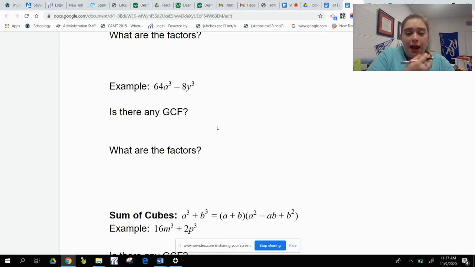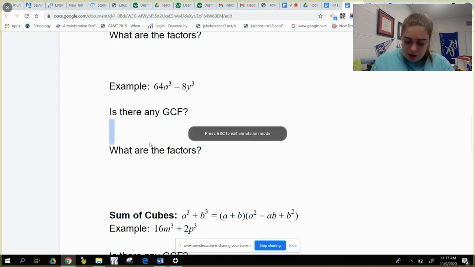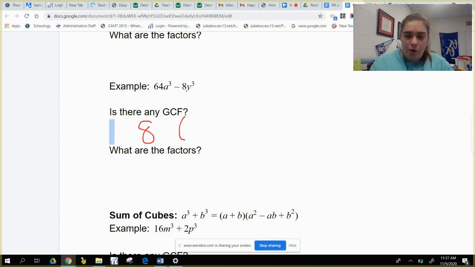So we could take an 8 out, and we'd be left with 64 divided by 8 is just 8. And then a cubed minus, and then 8 divided by 8 is 1. So we don't have to write that 1, but we would be left with y cubed. That's what we'd be left with if we took out that greatest common factor of 8.